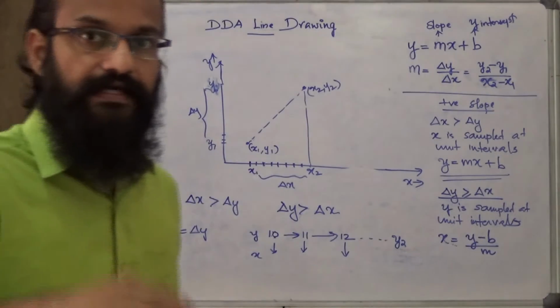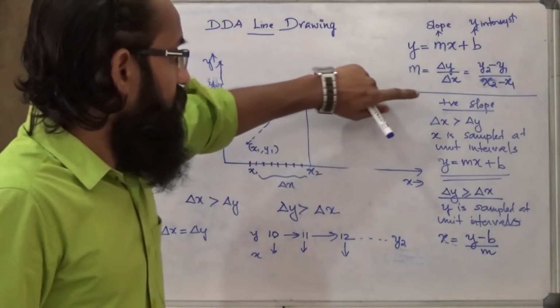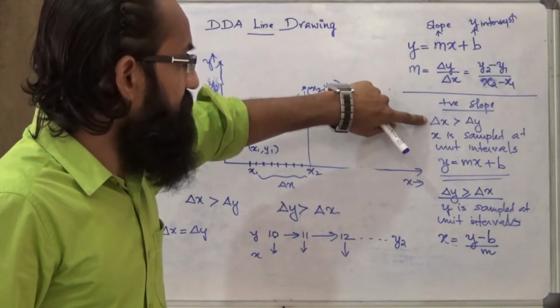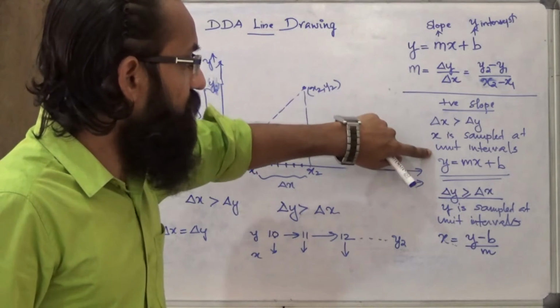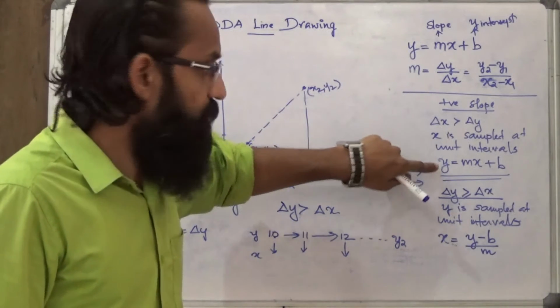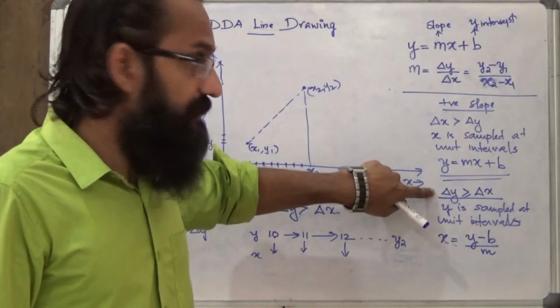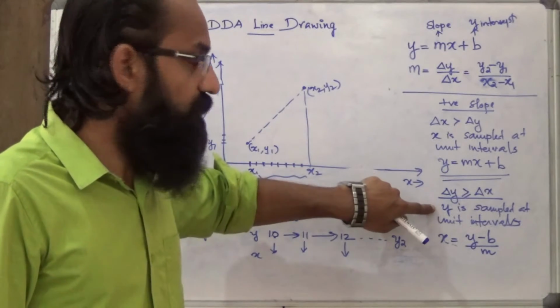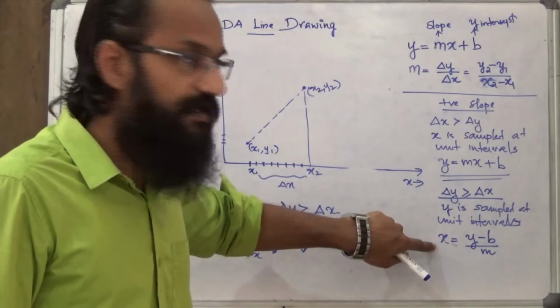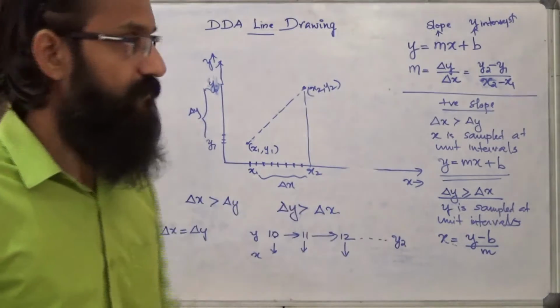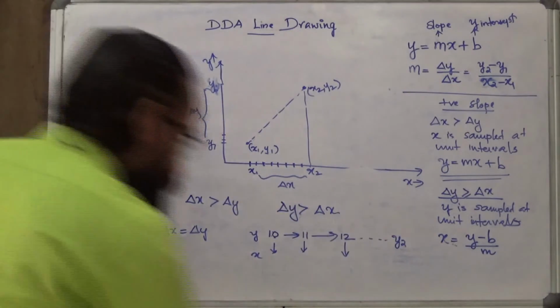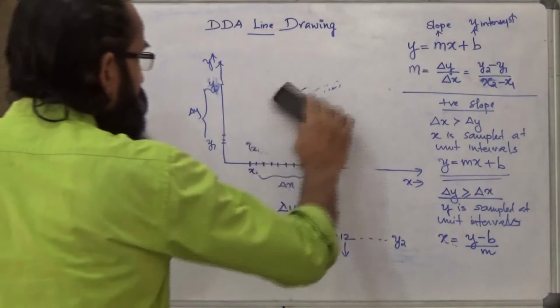So you can take the general policy for a positive slope line. If delta x is greater than delta y, sample x at unit intervals and determine the corresponding y value. If delta y is greater than or equal to delta x, sample y at unit intervals and determine the corresponding x value using this equation. Now what happens for a line with negative slope?